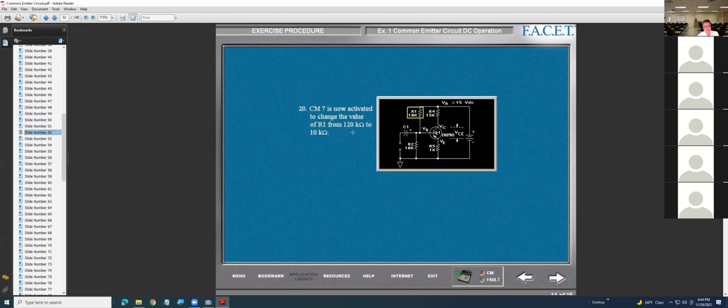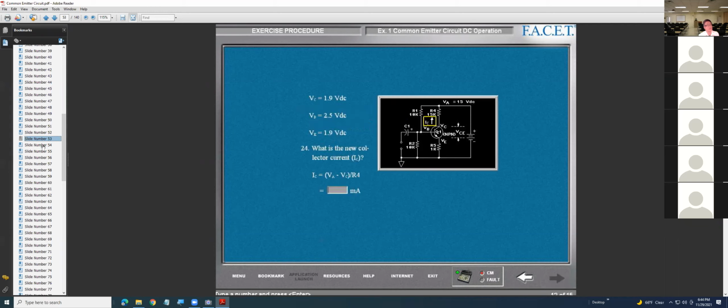Whenever you see CM7, they just change a little thing in the circuitry and make sure you're able to do the job. Just redo it anyway.